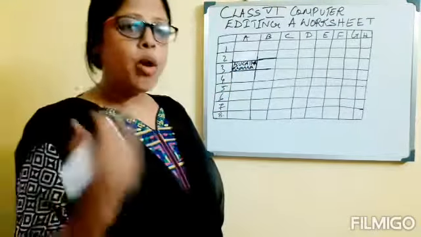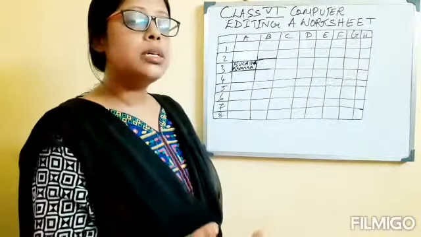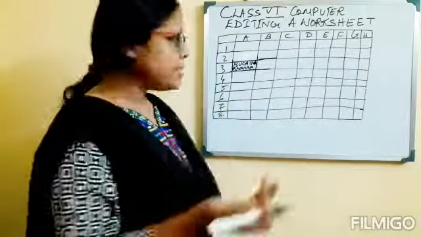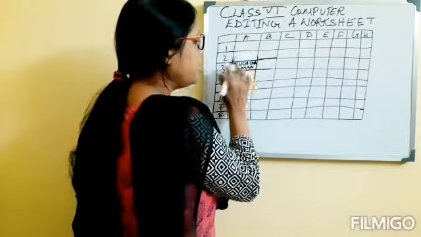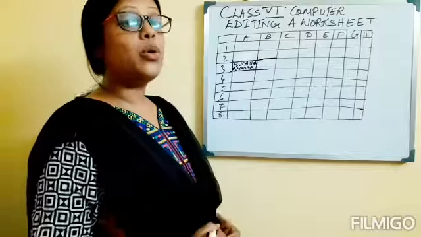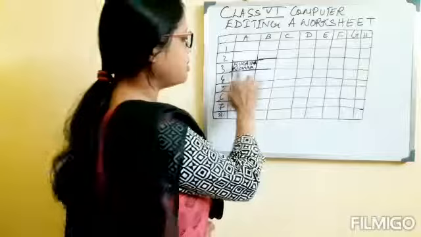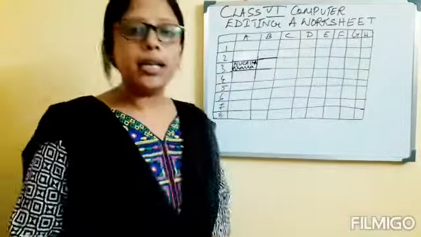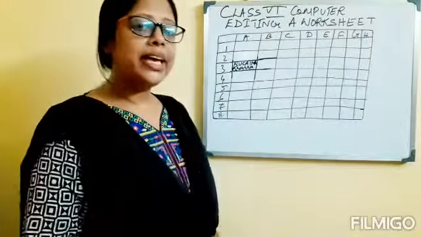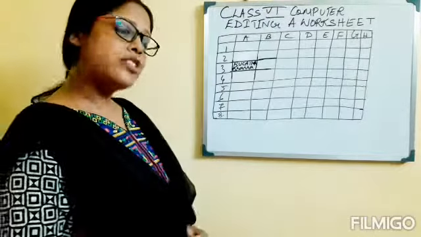But now, after doing the modification, I want the previous data. The previous data was only Ruchika. I don't want the word Khanna. So how will we get this back? Just by using the undo action.